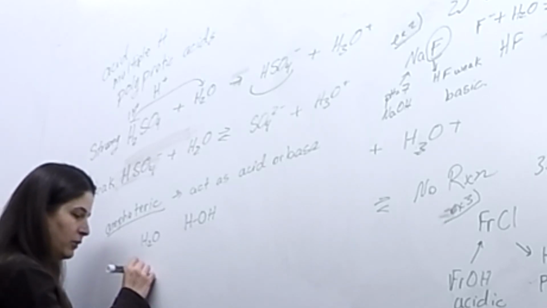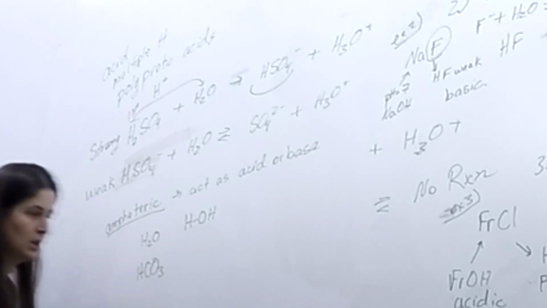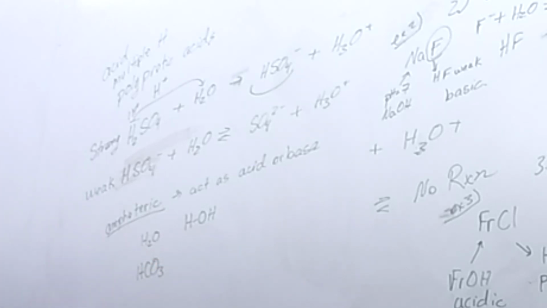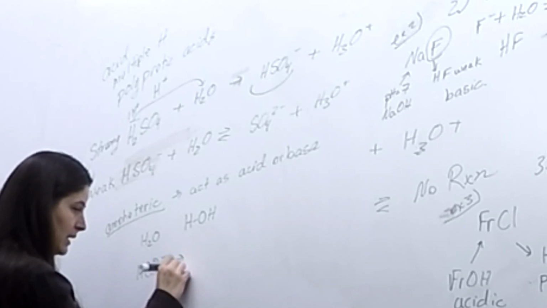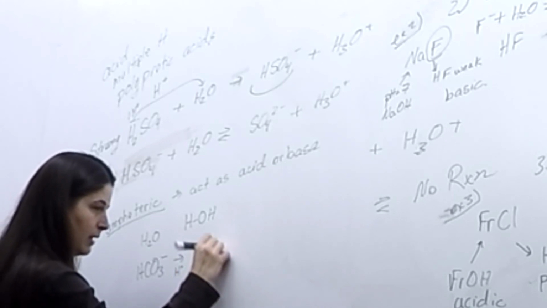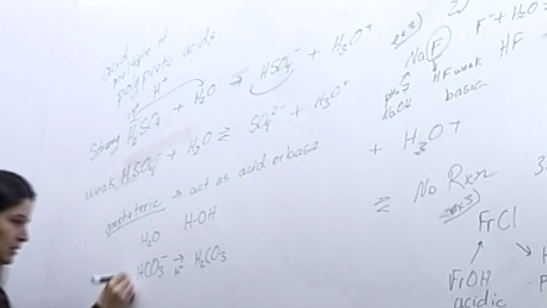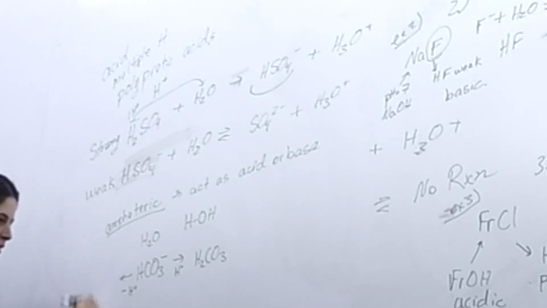Other ones that are amphoteric, let me think of it real quick. The bicarbonate ion, HCO3 minus, is amphoteric because it can gain a hydrogen and become carbonic acid. It can lose a hydrogen and become a carbonate ion.